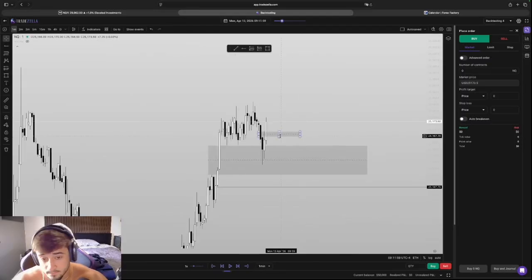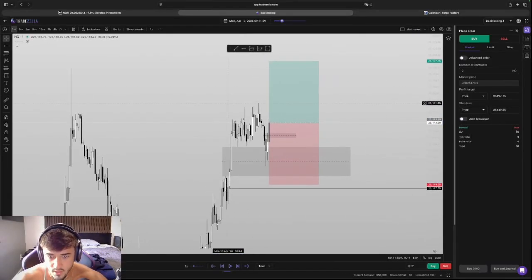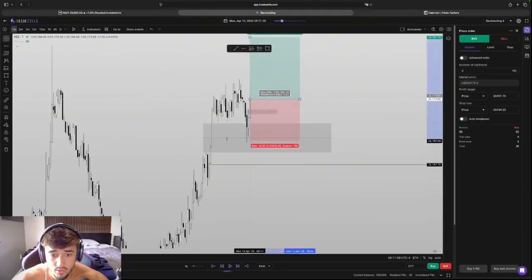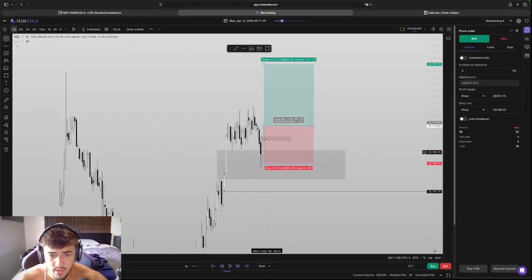Okay, that's not horrendous. Could probably take this. So this was the candle that I saw. After this, I don't know what's gonna happen. So what I will do though, bring my stops to here, which was the last low.